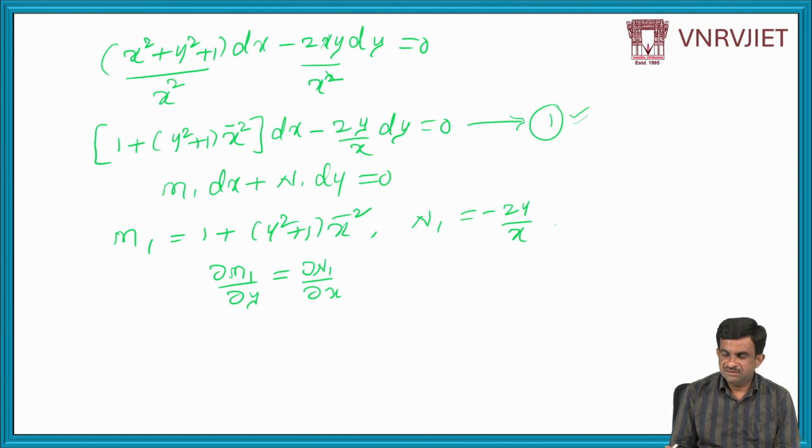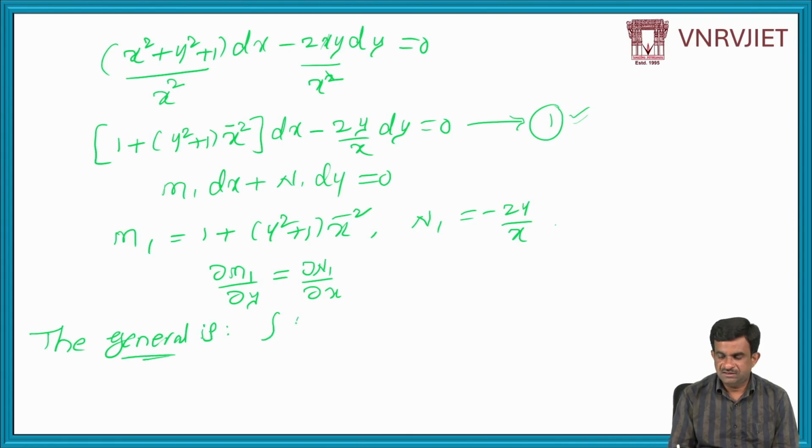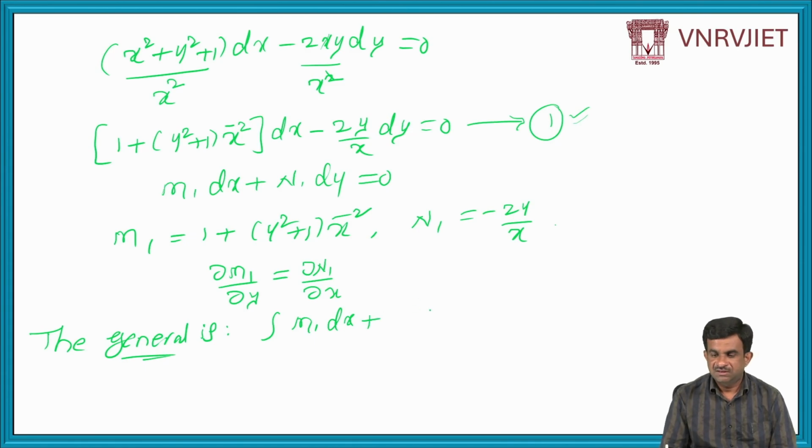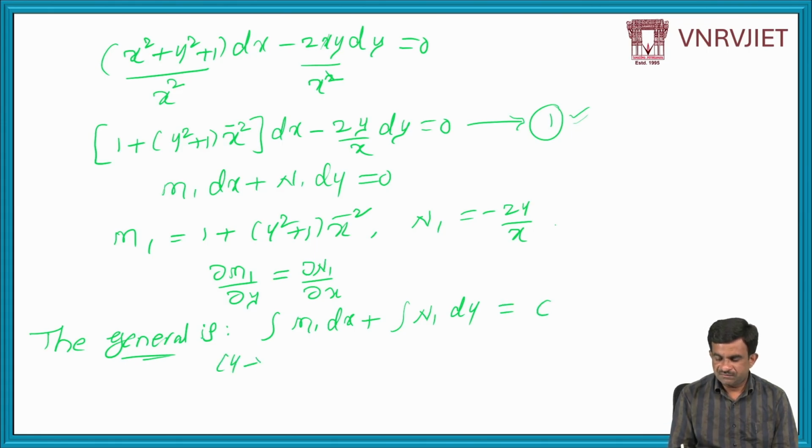Once the differential equation is exact, we know that the general solution is the integration of M1 dx, because M becomes M1 and N becomes N1 here, plus the integration of the terms of N1 not containing x dy, equal to c. In the first integral we take y as constant; in the second integral we have to take the terms which do not contain x.